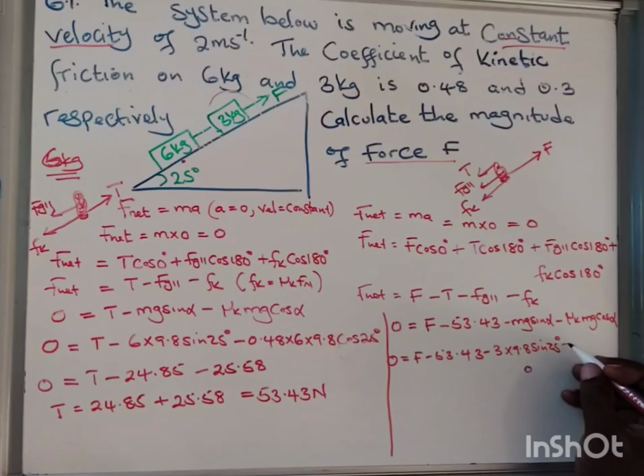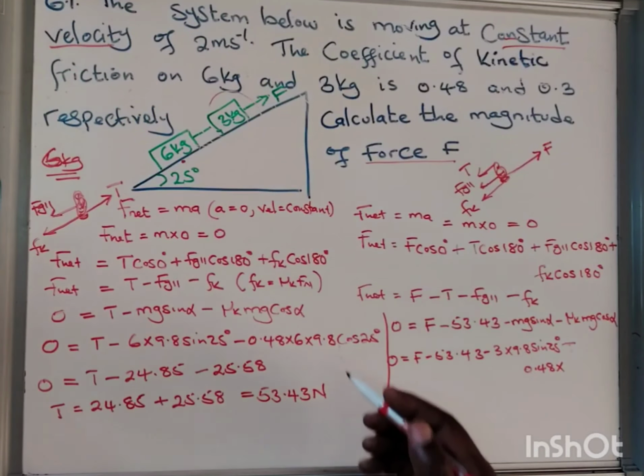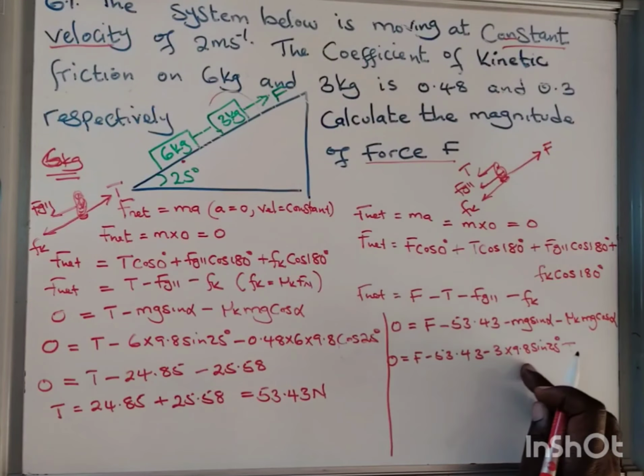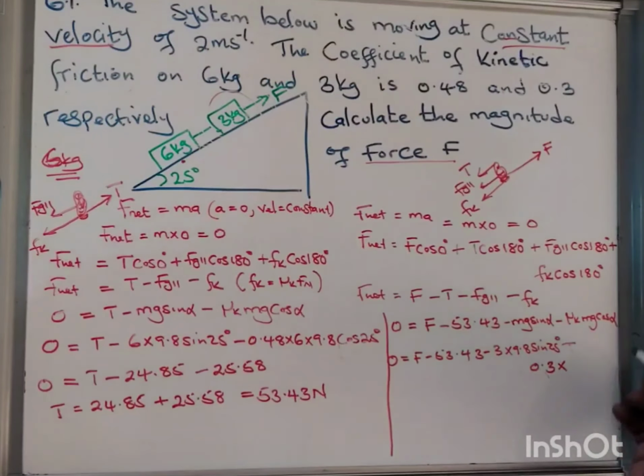The mu on that one is 0.3, times the mass, which is 3, times 9.8 cos 25.